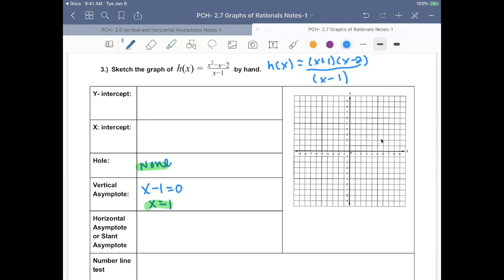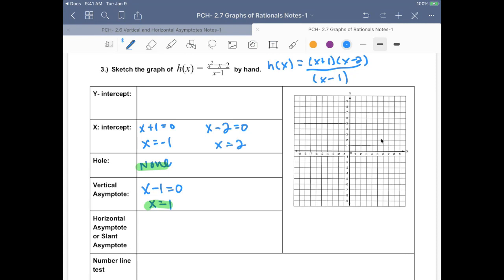All right, next are x-intercepts. Those are the factors. We take the factors of the top and set them equal to 0. So we get x plus 1 is equal to 0, and x minus 2 is equal to 0. So this is when x is equal to -1 and when x is equal to 2.